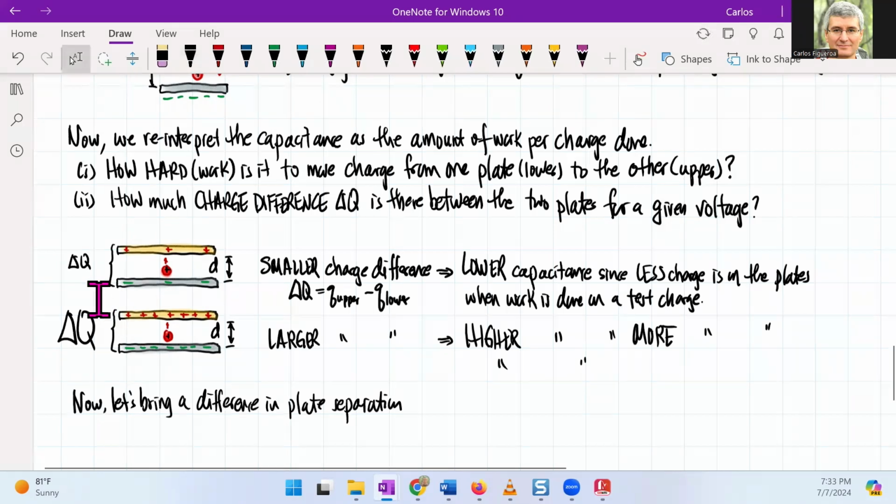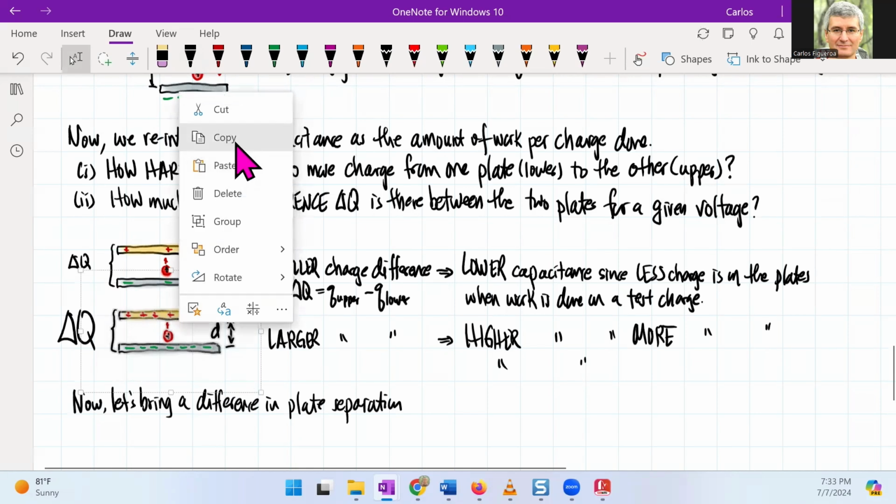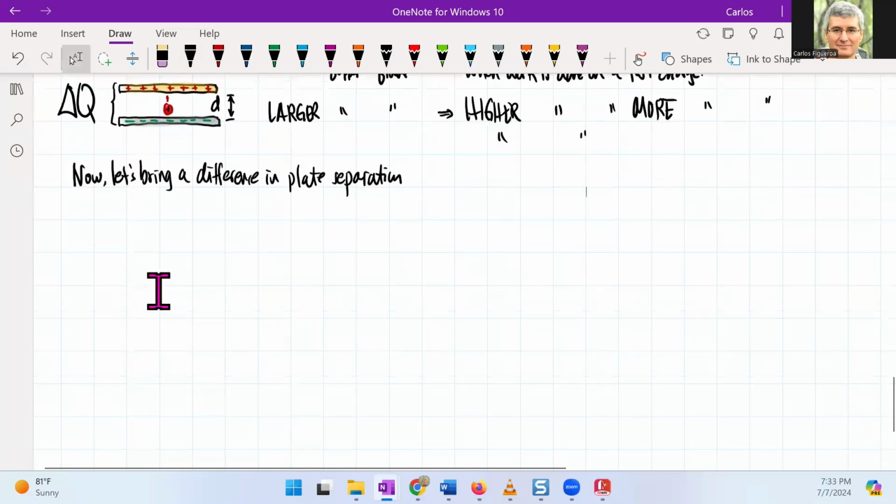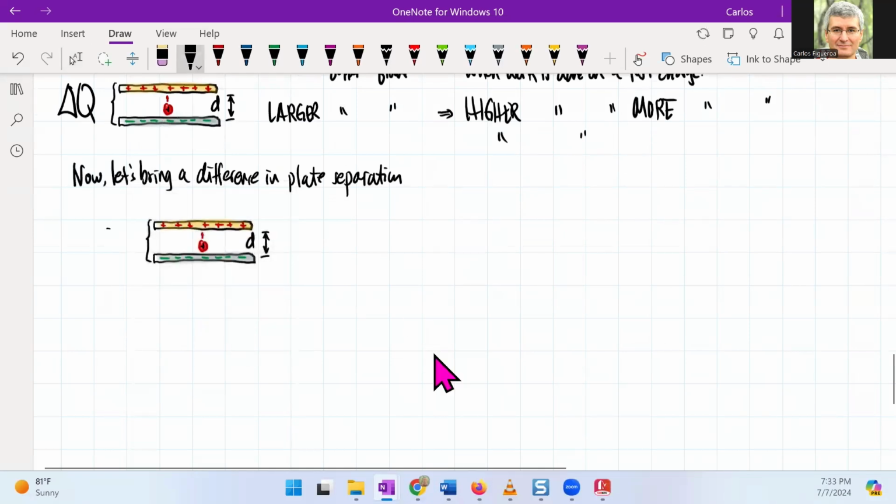So I need two different plate separations. This is going to be my first case right here. And what you're going to find is that I am going to fix the charge here. In other words, this delta Q is going to remain fixed, so the separation between these two charges is going to be the same.